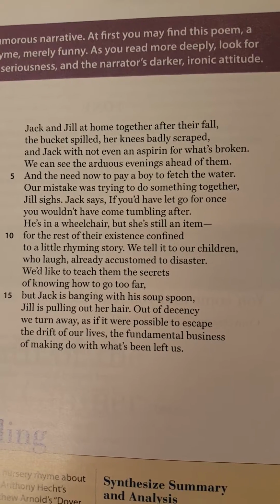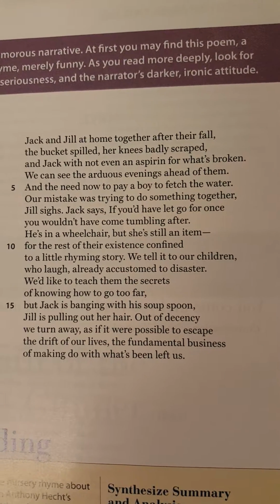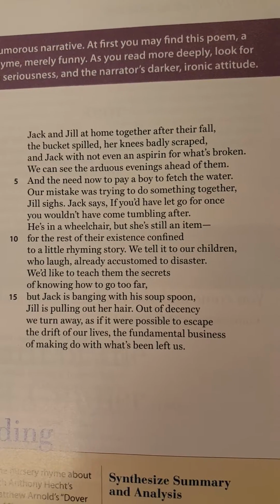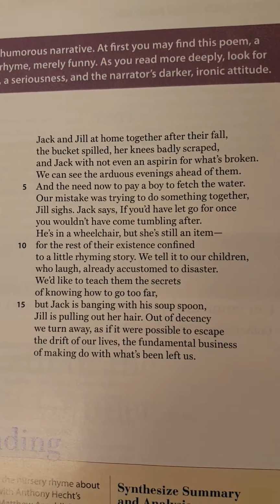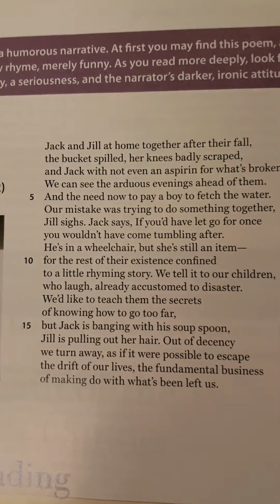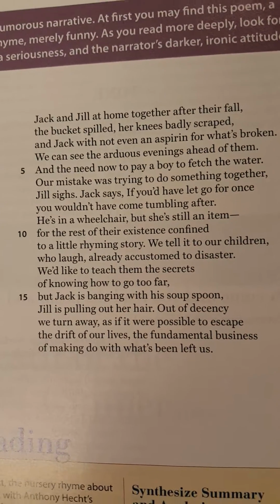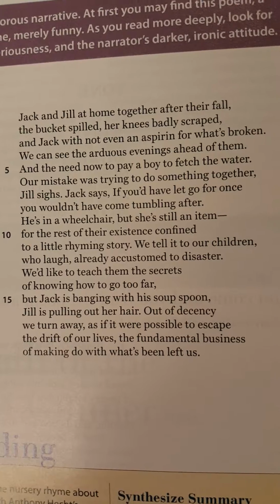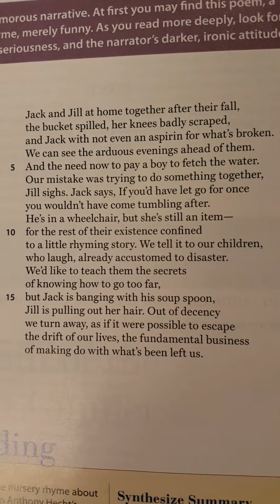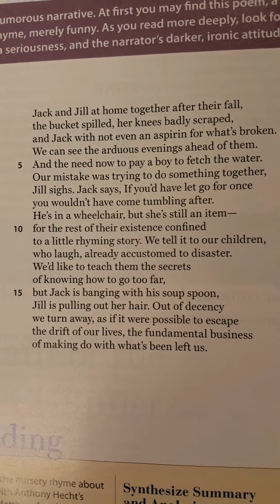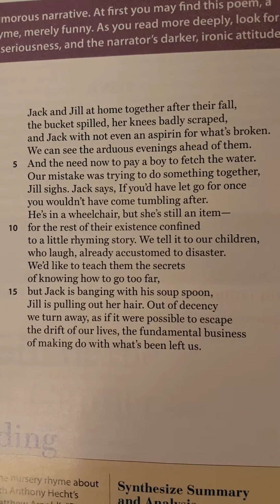He's in a wheelchair, but she's still an item, for the rest of their existence confined to a little rhyming story. We tell it to our children, who laugh, already accustomed to disaster. We'd like to teach them the secrets of knowing how to go too far. But Jack is banging with a soup spoon.